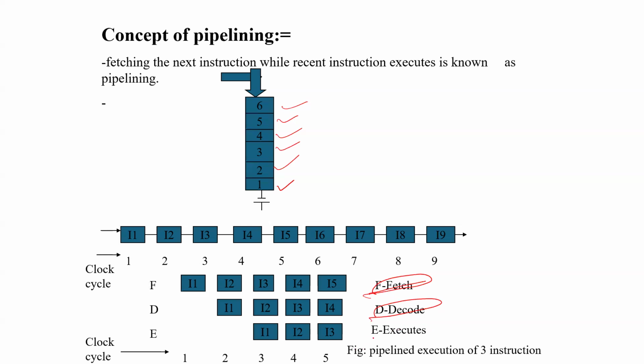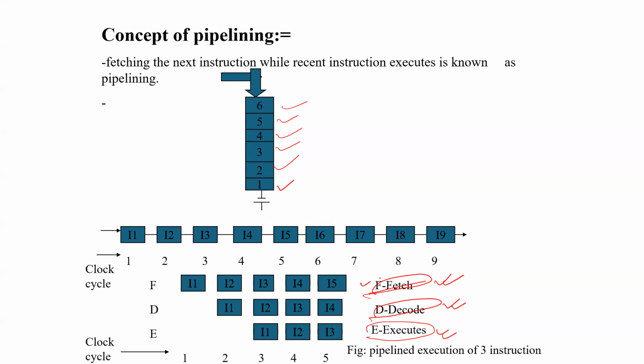After that, what I actually want to do with the instruction, this work will be executed. So there are three steps: fetching the instruction, decoding the instruction, that means the microprocessor tries to understand the instruction, and after that it will do the work as per the instruction. It is called execute. So three stages are there.